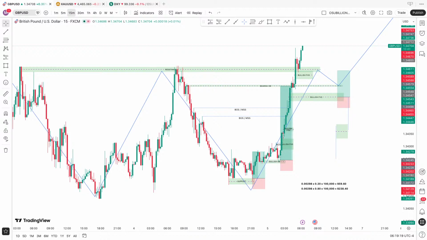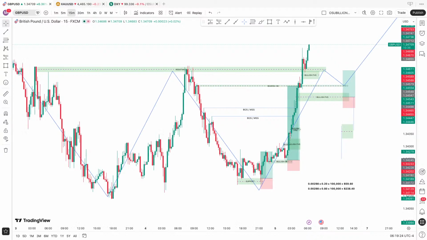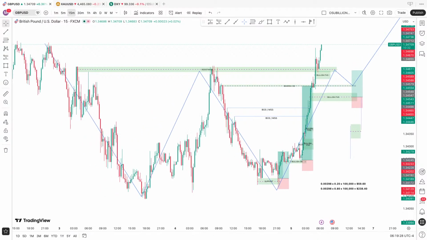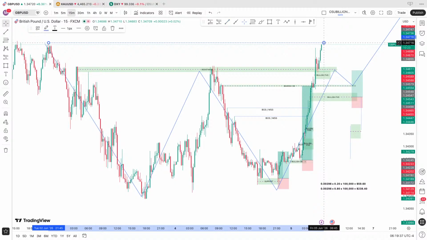Based on the fact that the market touched our fair value gap, the short fair value gap here, we can see that the market is attacking its top liquidity from this angle. Super.